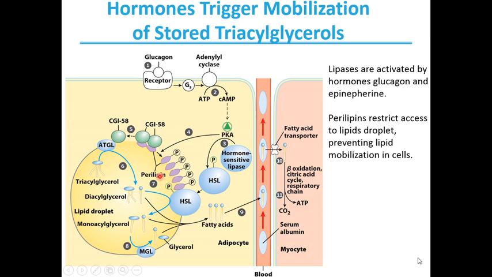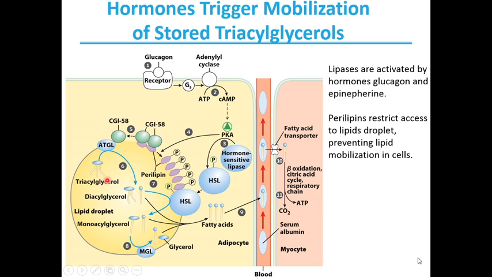And once perilipin is phosphorylated, it interacts with hormone-sensitive lipase that is phosphorylated. So phosphorylated perilipin interacts with phosphorylated HSL. Now, the first step, ATGL, what it does is it converts triacylglycerols, that are fats that are stored in this lipid droplet.